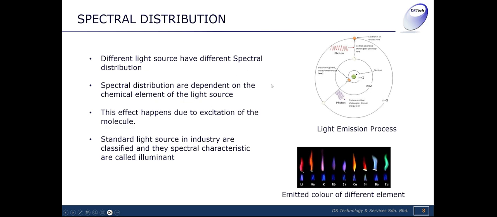So if you know the periodic table, the identity of the atom depends on how many electrons, protons and neutrons it has.